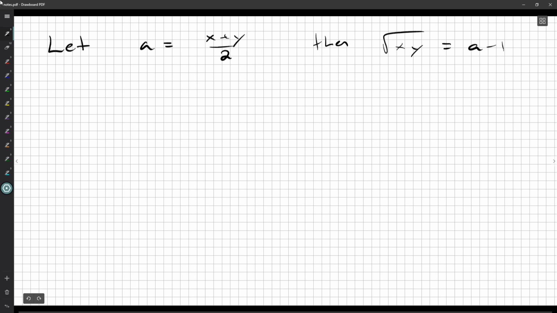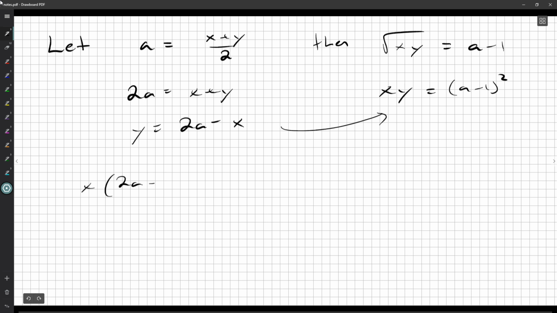I guess we could sort of do the same technique. 2A is x plus y, and xy is going to be A minus 1 squared. And then we can say, well, y is 2A minus x, and plug it in here. x times 2A minus x is going to be A minus 1 squared.